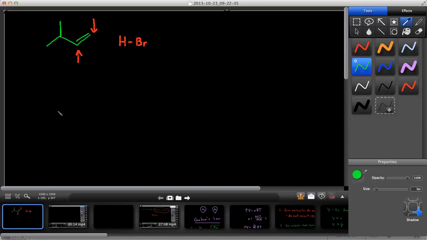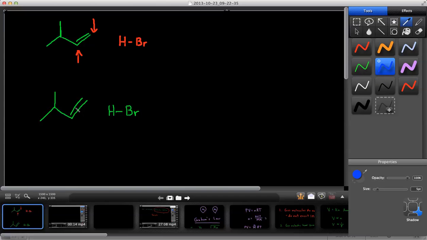So let's look at the alkene as a nucleophile, and let's look at HBr, where the hydrogen is an electrophile. Anytime you have a strong acid like HBr, the nucleophile will not be the Br. The electrophile will be the hydrogen atom.